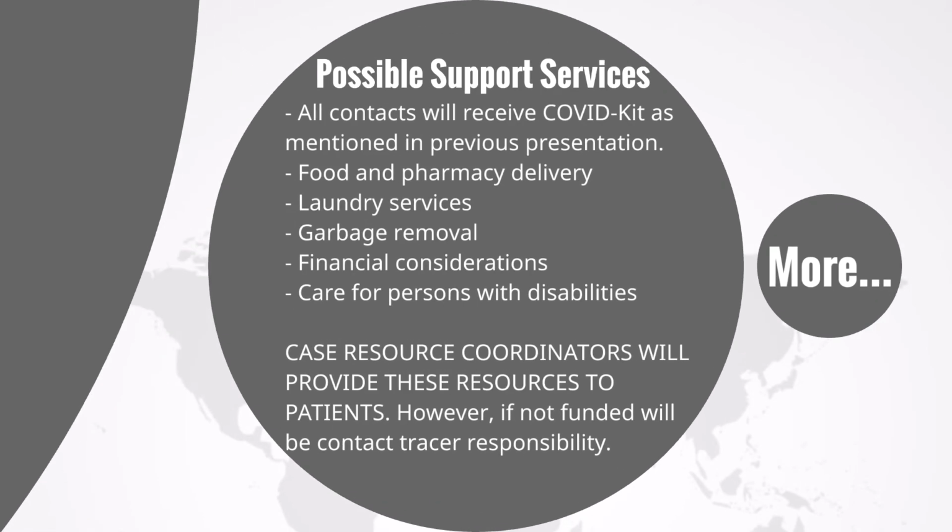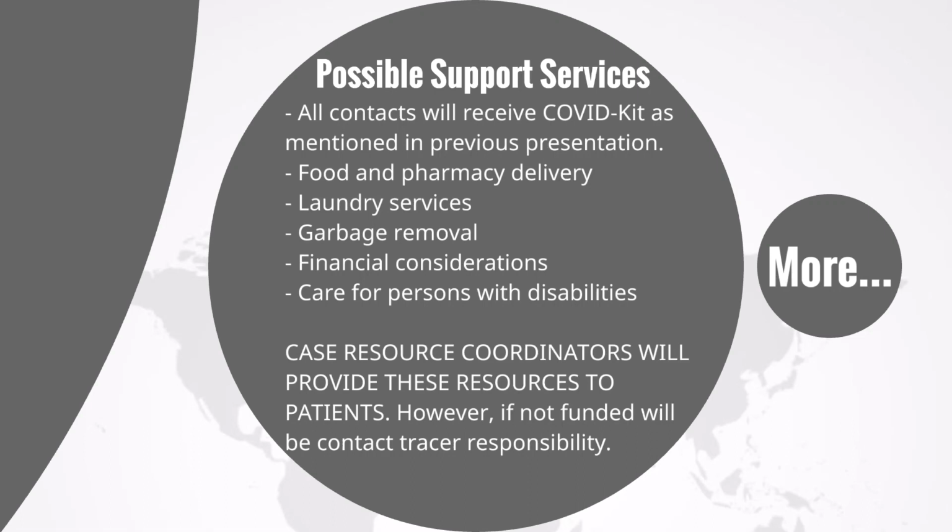Support services. Here are some examples. All contacts will receive the COVID kit as mentioned in the previous presentation. We might need to assess food and pharmacy delivery, laundry services, garbage removal, financial considerations, and care for persons with disabilities.